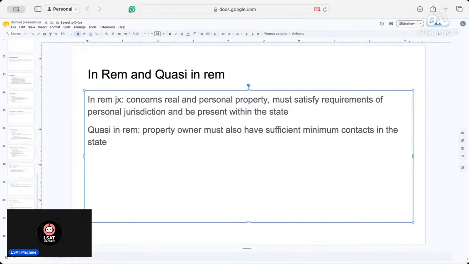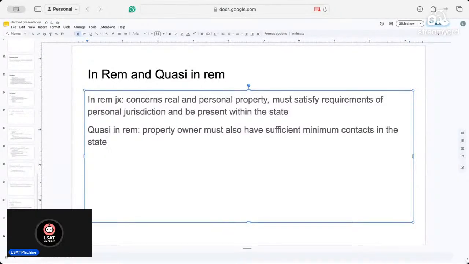So if you are suing over a physical piece of property, real property or personal, you have to meet the requirements for personal jurisdiction and the property has to be within the state.